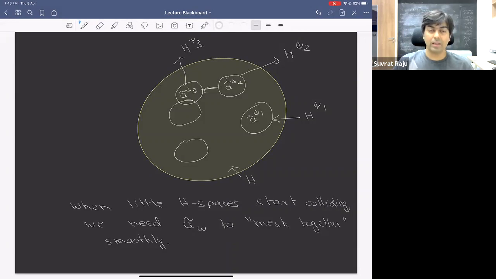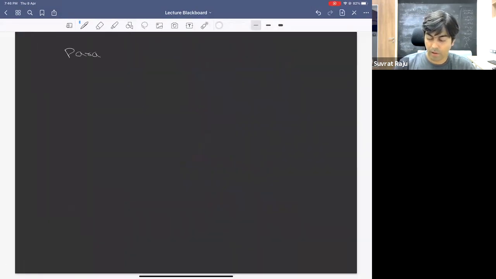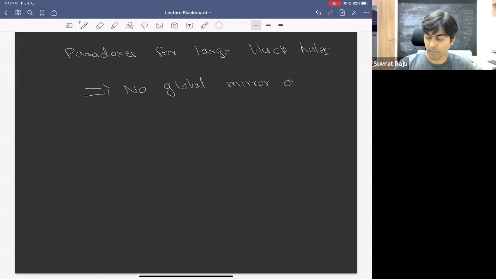In fact, the conclusion of the paradoxes that we discussed 2 lectures earlier, the paradoxes for large black holes, is that no global mirror operator exists. Whatever we do, we might try and modify the definition to make something work, or make these operators mesh together well in the interface.